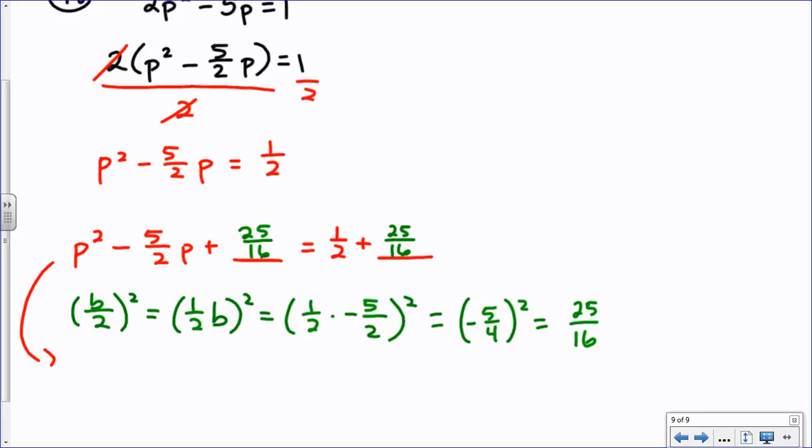Okay, so I want to factor now. And I set it up so it would factor to this binomial squared. So what's going to be inside? p minus 5/4, this number before you square it.